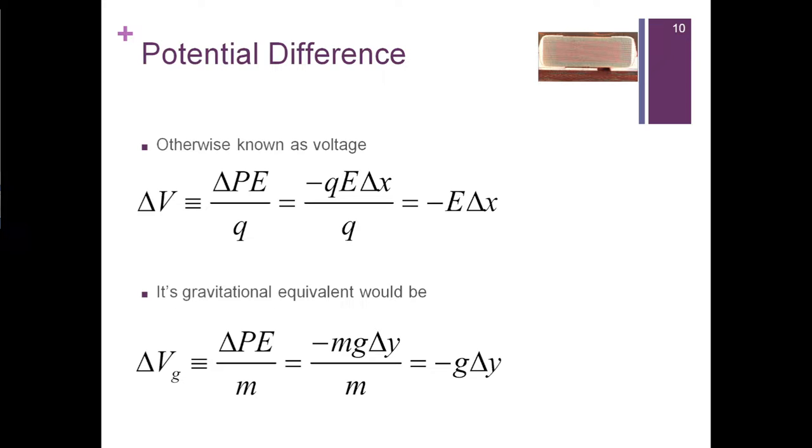Its potential will become kinetic energy, so its potential is going to drop as it moves from one side of the field to the other, which means that there is a difference in its potential from one side to the other. We refer to this difference in potential as voltage, when specifically speaking about difference in electrical potential.